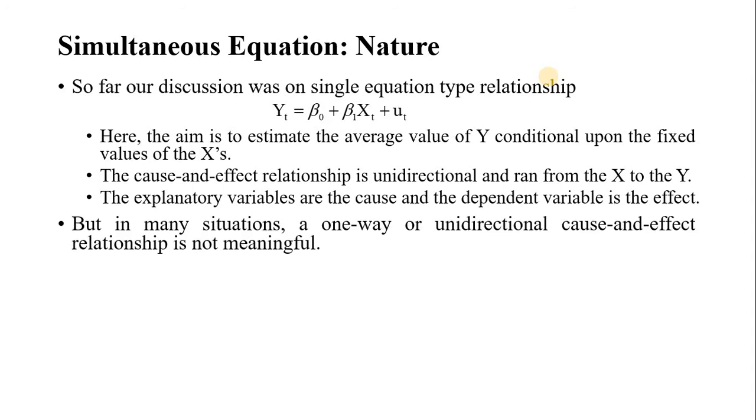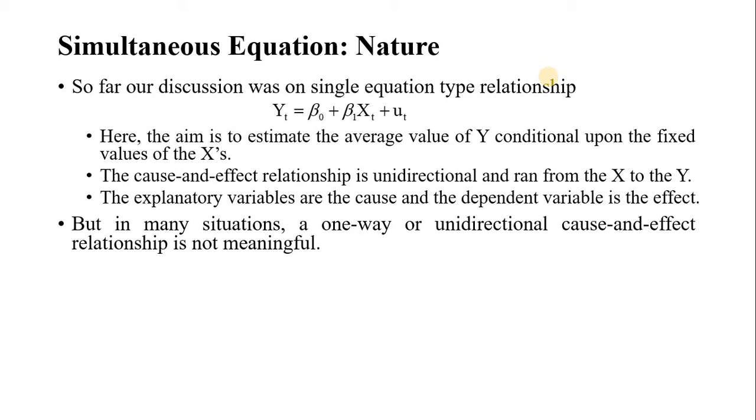But the problem is that in many situations, especially in macroeconomics, a one-way or unidirectional cause and effect relationship is not meaningful. So in many situations we need more than one equation to describe a phenomenon.